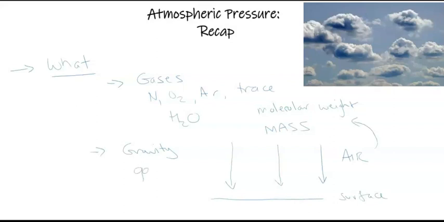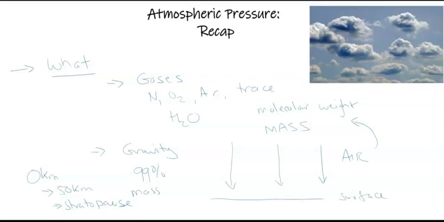Around 99% of all the mass, or the air molecules, in our atmosphere is within the first 0 kilometers, at the surface, up to around 50 kilometers, which is our stratopause. Basically, the troposphere and the stratosphere contain pretty much all of the atmospheric gases and the mass.